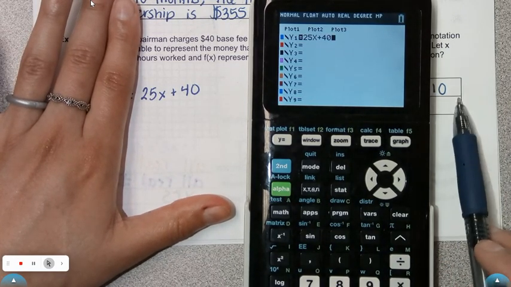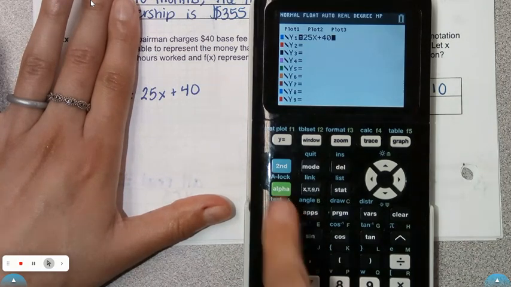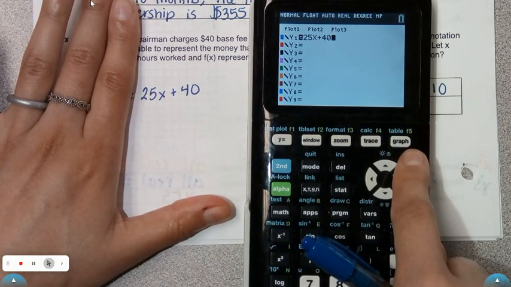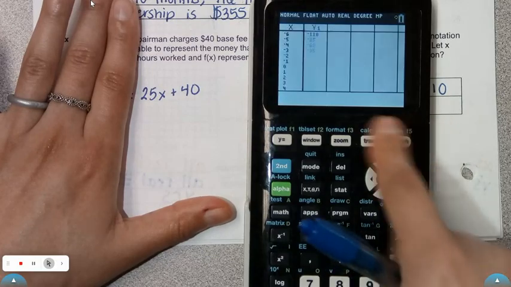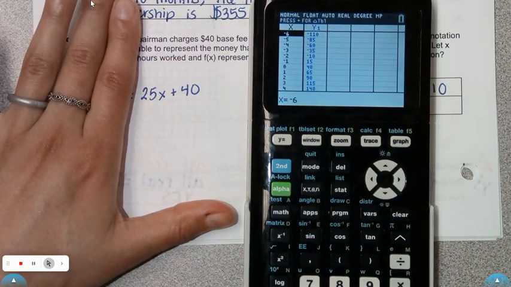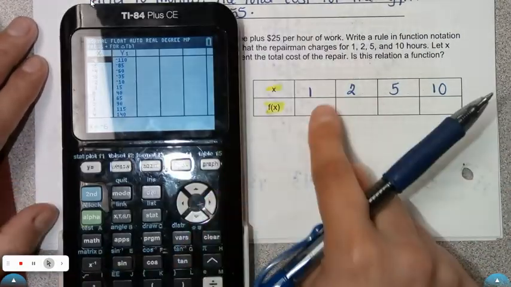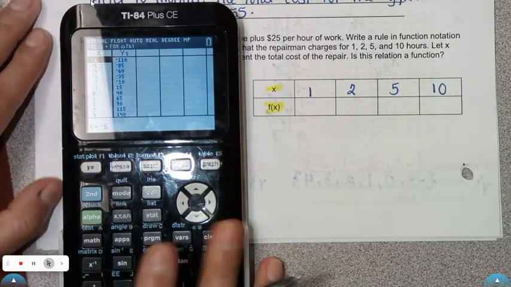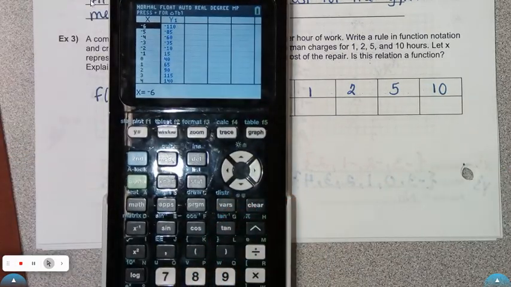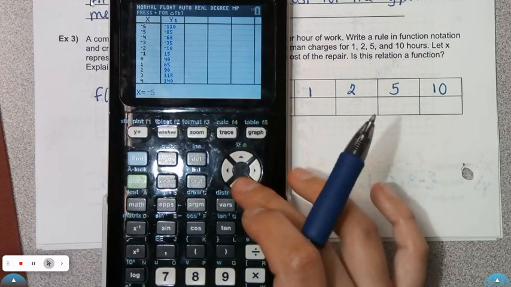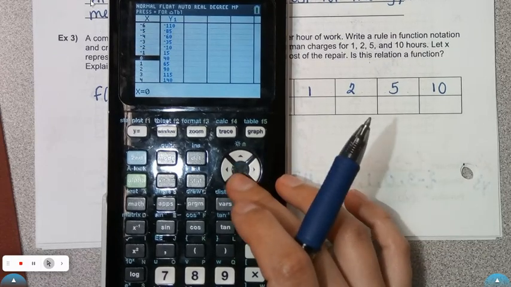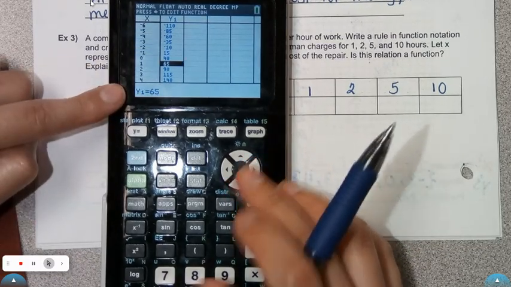In order to get the numbers in your table, you're going to press second and then graph. Second and graph, and then it gives you my table values. I am going to find these numbers on the left side and then write the correct Y number that goes with it. So for the number 1, I have 65.